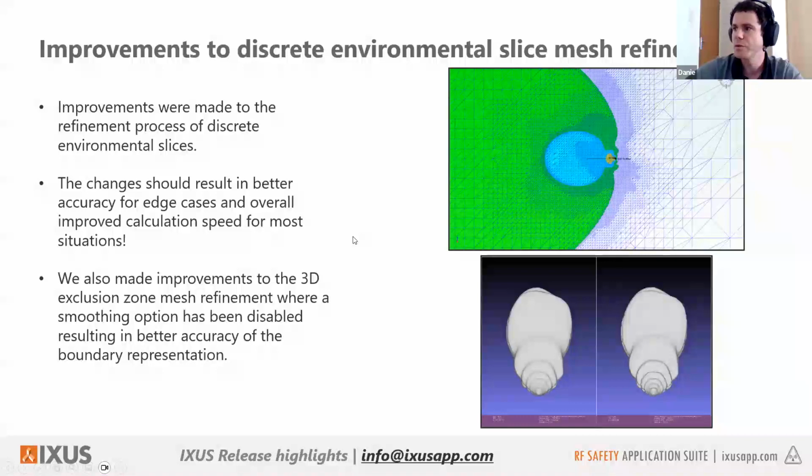Then we've also made some improvements to the refinement process for the discrete environmental slices, as well as the 3D exclusion zones.